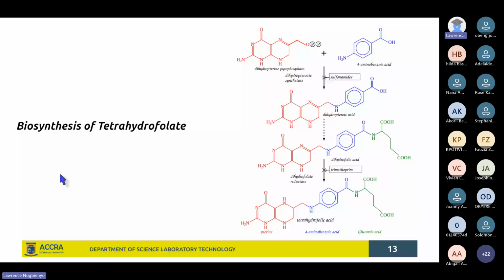Now, when we started to study enzymes, at that point we did look at coenzymes and cofactors. And one of the coenzymes and cofactors that we looked at was tetrahydrofolate, what we also refer to as folic acid.